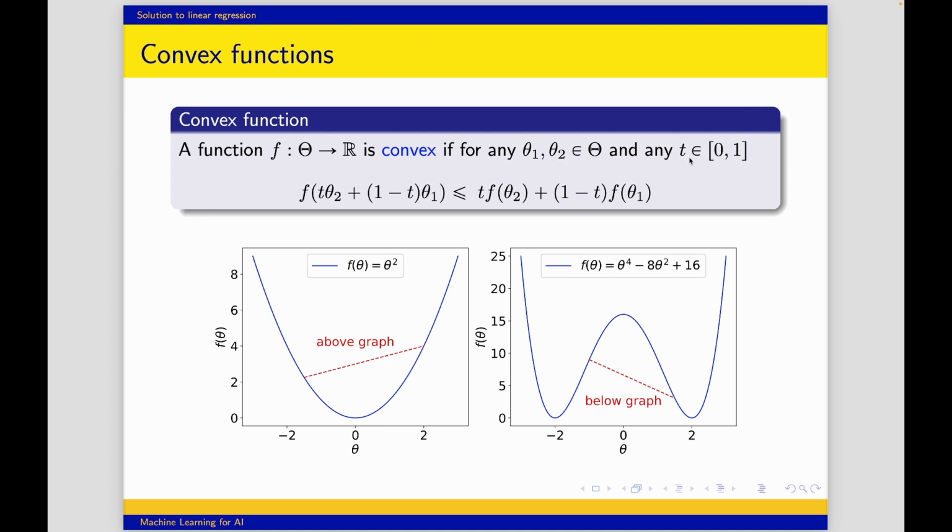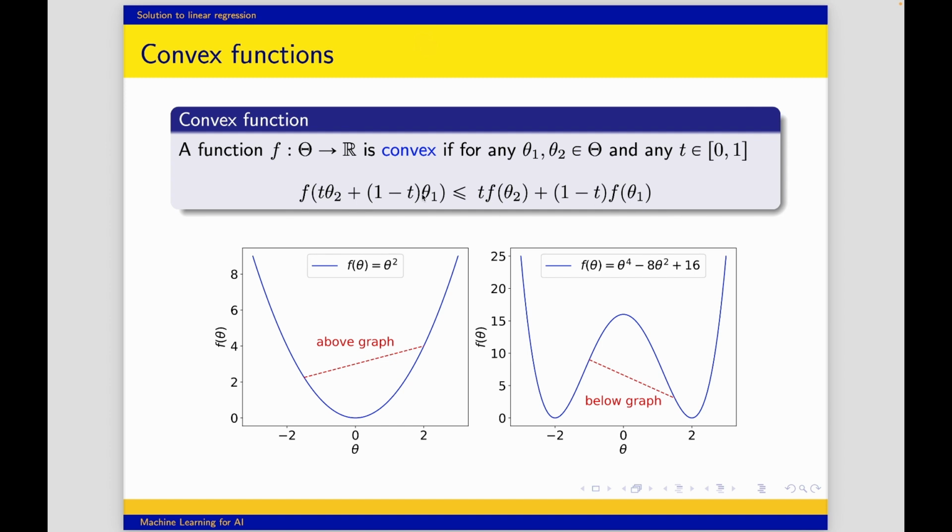And we define some parameter or variable t that ranges from 0 to 1, including 0 and 1. Then for this function to be convex, we need to satisfy this condition, that the value of f anywhere along this line segment is less than or equal to this line segment.